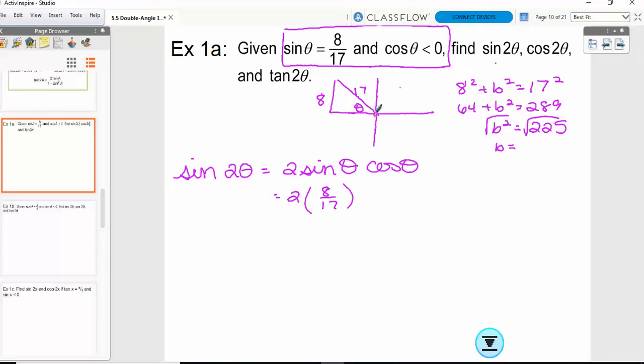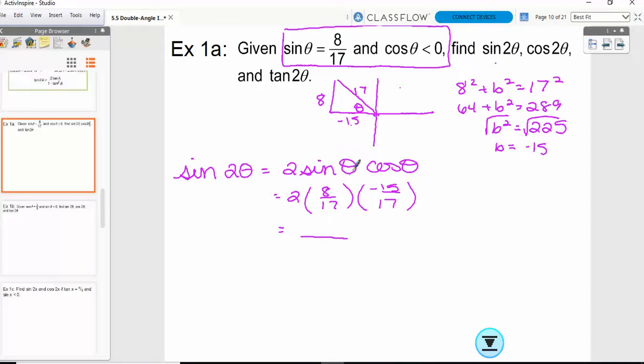Yeah, if you're going in this quadrant, your x would be a negative. Square root of 225 is 15. So this side is negative 15. So now you can tell me cosine of theta. Cosine is adjacent over hypotenuse, so negative 15/17.